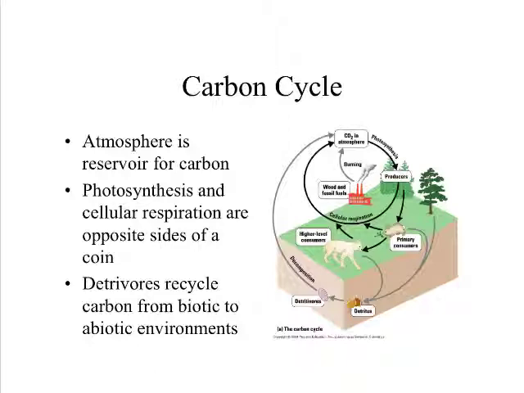So we get this cycling of carbon dioxide from the atmosphere to the producers, to the consumers, to the atmosphere. We can also have the detritivores, remember those bacteria and fungi that are breaking down dead plant and animal material. They also cycle carbon from the dead material into the soil as well. So carbon can go from the biotic to the abiotic environments quite easily.